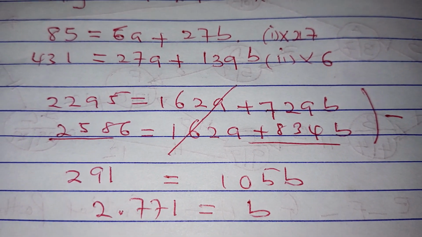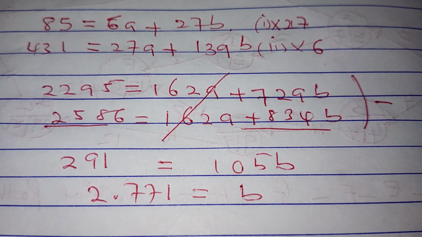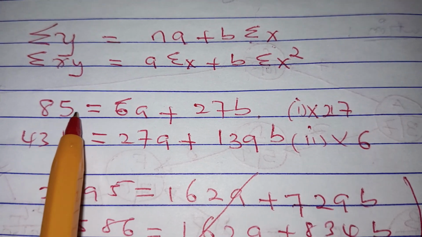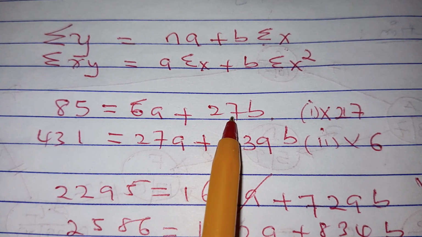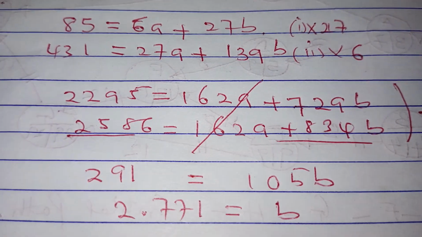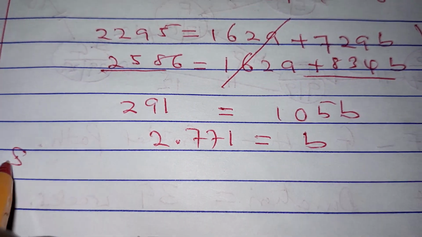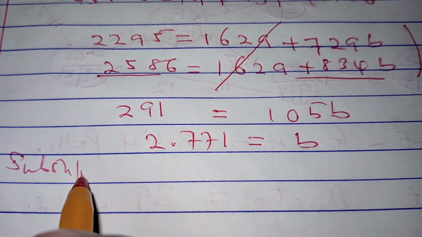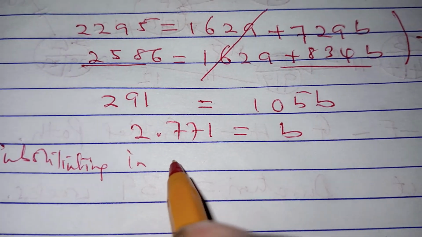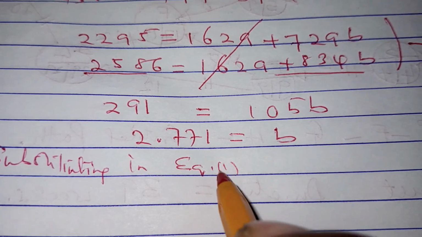After finding b being 2.771, we now insert b in our original equation. 85 is 6a plus 27b, and b having been found, we substitute in equation 1.